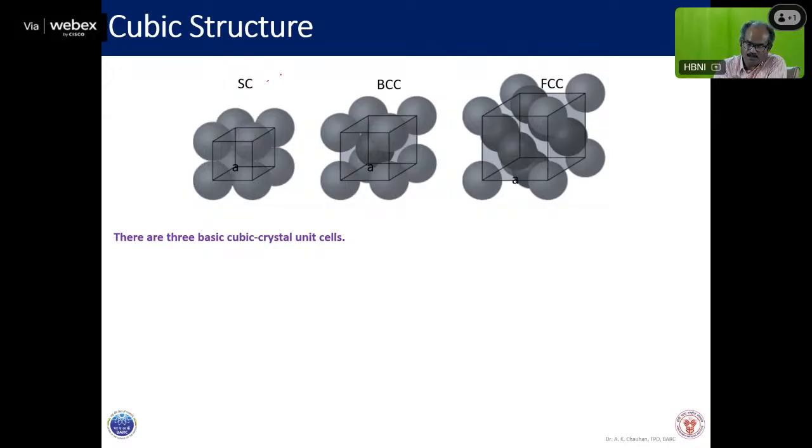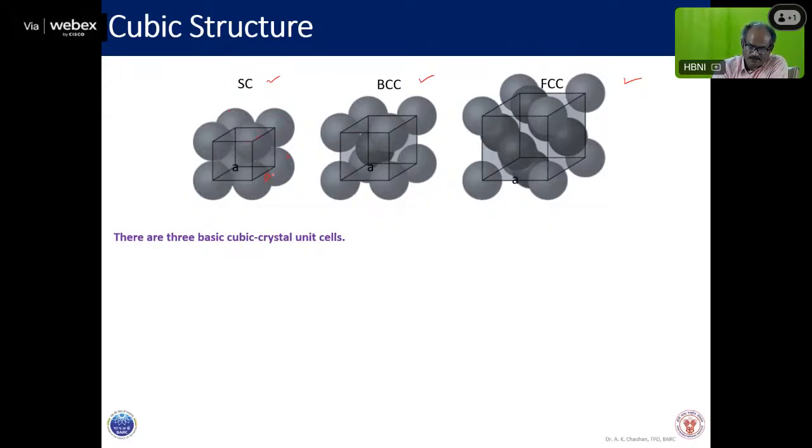So this cubic structure has three Bravais lattices. One is simple cubic, another is body-centered cubic, and third is face-centered cubic. In simple cubic, if we can see, you have like here 8 spheres, and if you join their centers, you can see a structure like this, a cube.